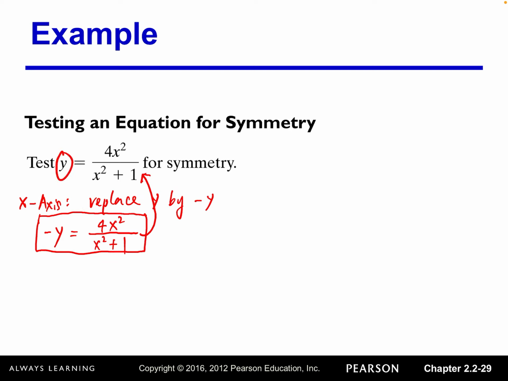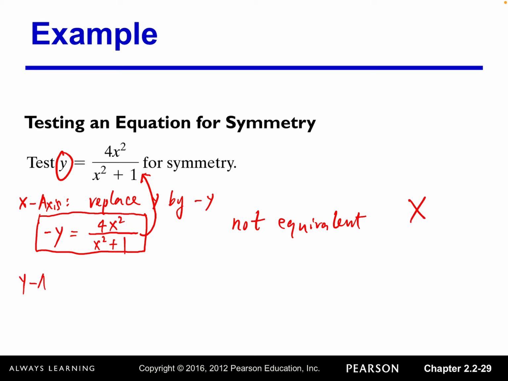So it's not equivalent. Therefore, not symmetric. The graph of this equation is not symmetrical with respect to the x-axis. I don't write a whole sentence, I just use the cross to represent no symmetrical property with respect to the x-axis.